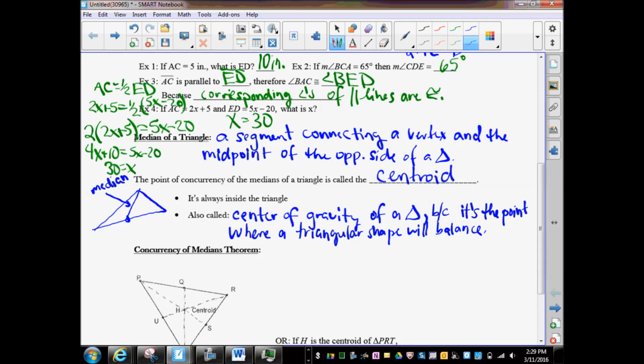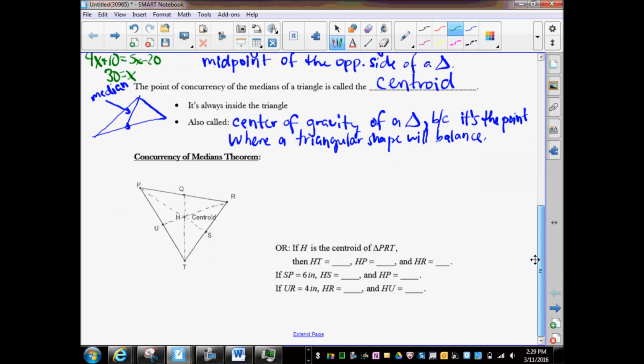The center of gravity is like the center of the earth. Alright, so just like we had perpendicular bisectors, your center of gravity, the closer it is to the floor, the easier it is to balance.